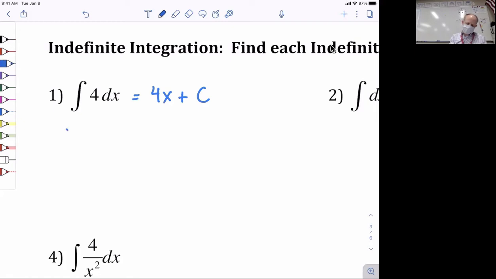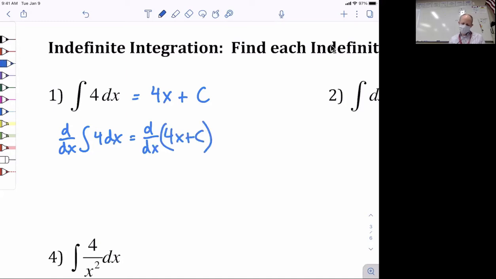So basically what we're saying is the derivative of the antiderivative has to be the original function. So if we basically take the derivative of both sides, the derivative undoes the integral, and we're just left with 4 on the left-hand side. And then on the right-hand side, notice what we have. The derivative of 4x plus c is 4. So it all checks out.